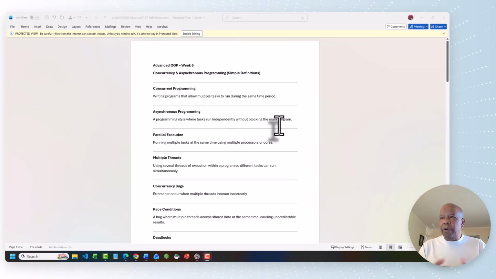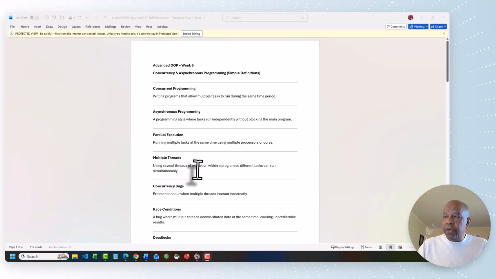So we have our main program, but we kick off another task that is running at the same time, but independent of the main processing of the main program. Parallel execution, running multiple tasks at the same time, using multiple processors or multiple cores.